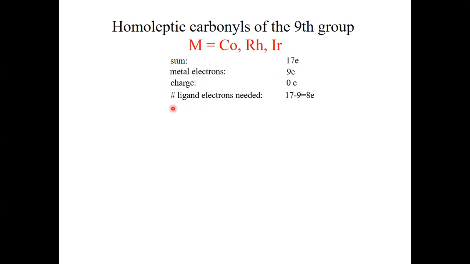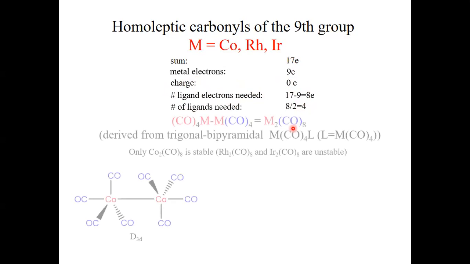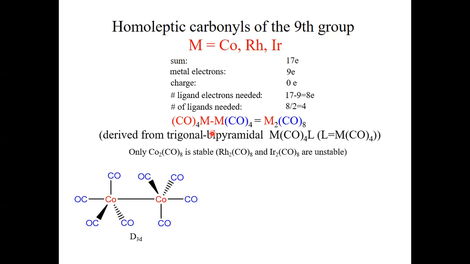And then the number of carbonyl ligands needed is 8 over 2, which is equal to 4. So for that reason, we would expect the M(CO)4 metal tetracarbonyl fragments to dimerize to form a dimer with a metal-metal bond. And that's exactly what we get. We get dimers of the composition M2(CO)8.